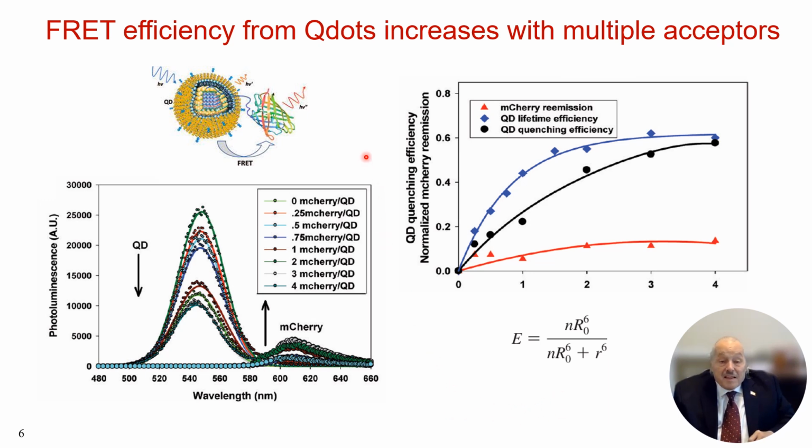In any event, the quantum dot has a bright emission and it decreases progressively when you coat the surface with mCherry, and you can see the efficiency of transfer in a couple ways. You can see it by the mCherry emission, the acceptor emission that was excited by the donor. You can see it by the intensities, the quenching efficiency, or you can see it by the quenching lifetime.